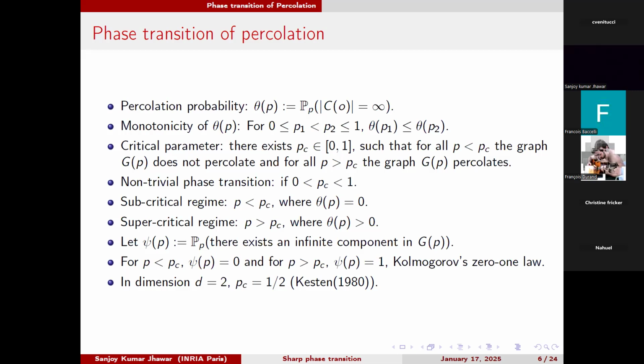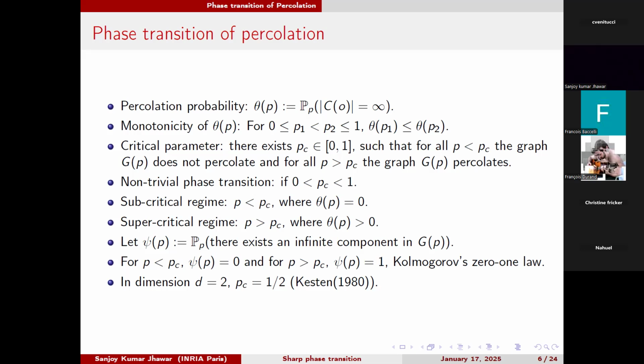Using the monotonicity property in the parameter p, for a higher value of p the component containing the origin is more likely to percolate. So there exists a critical value of the parameter such that below it, our bond percolation model doesn't have an infinite component at the origin.